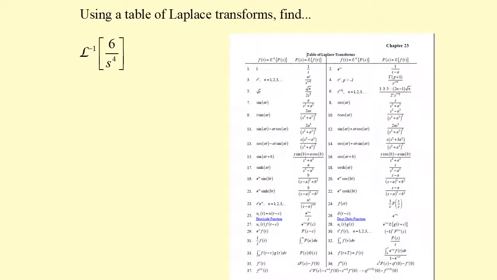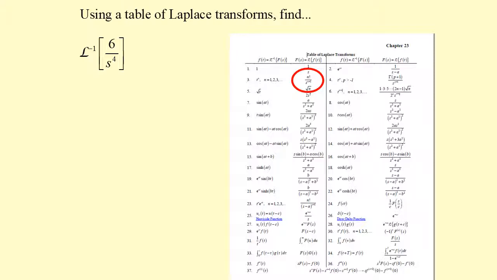Now again, here we look in the table for something that resembles this. Since it's an s to some power bigger than 2, then we know that this is going to be something that looks like this. Now there's an n factorial that we'll need to take care of.